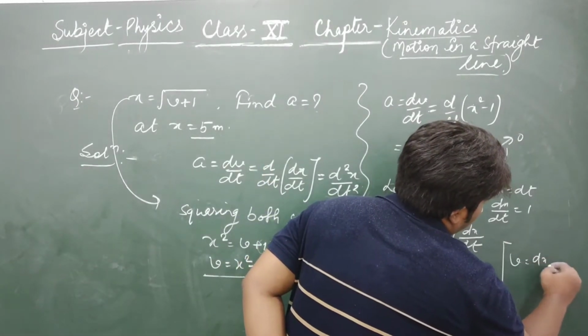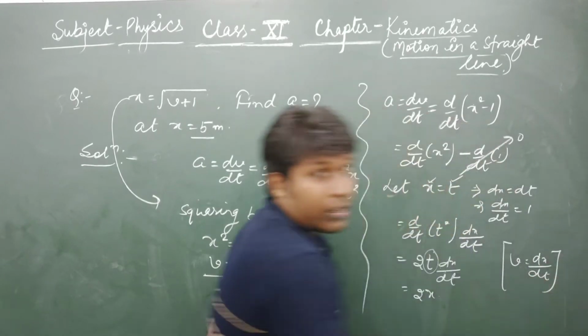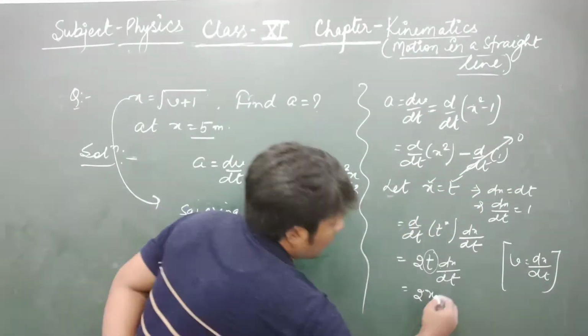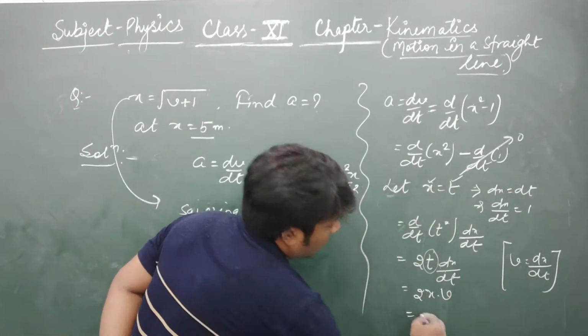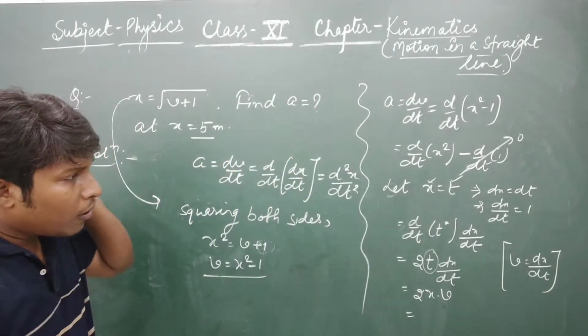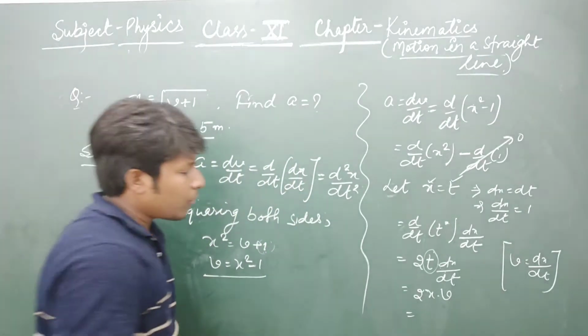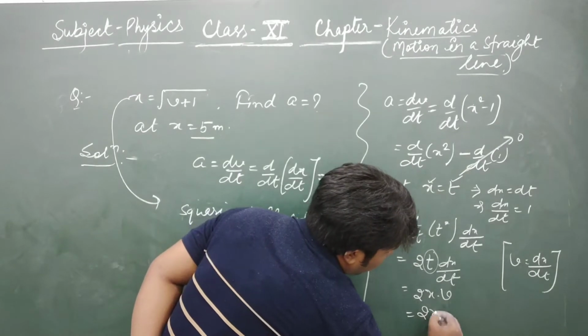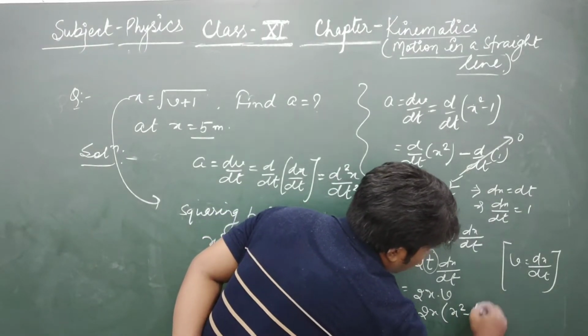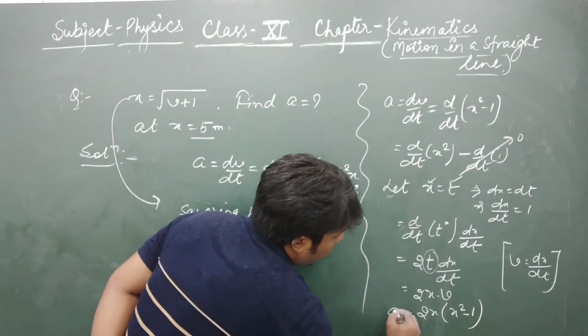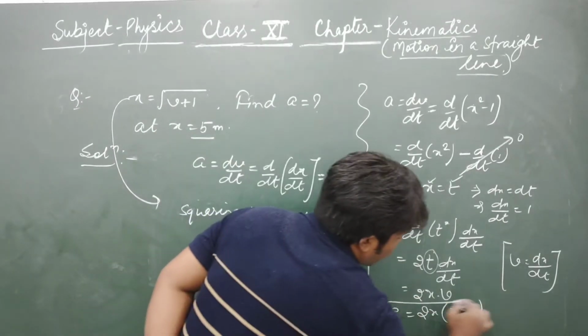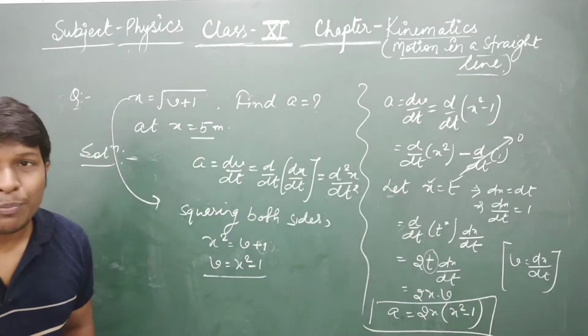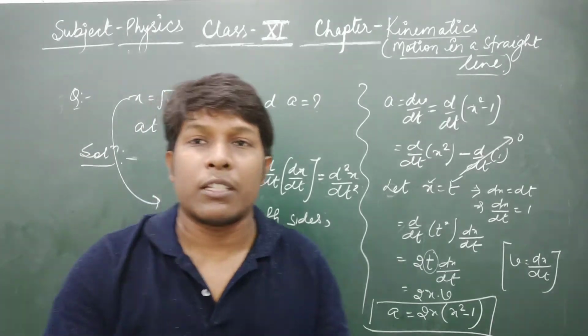Velocity. So simply put the value of v. What is the value of v? The expression is x square minus 1. So simply 2x into x square minus 1. This is the total expression of the acceleration in terms of displacement.